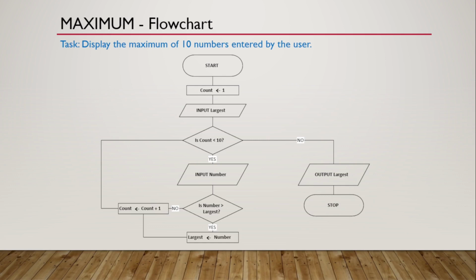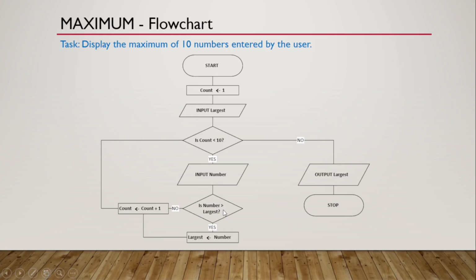If it is yes, less than 10, then the user inputs a number, and the number is further checked to know if it is greater than the largest value. And if it is greater than the largest value, that number becomes the largest by assigning it to the largest variable and then incrementing the count by 1.